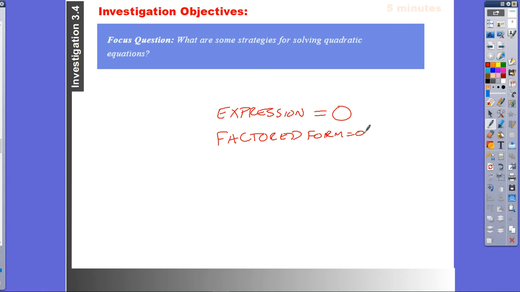So if you start out with a non-zero number, you need to use your normal algebra, your train tracks, to move things all together on one side. So let's see what the connected math makers gave for you today.